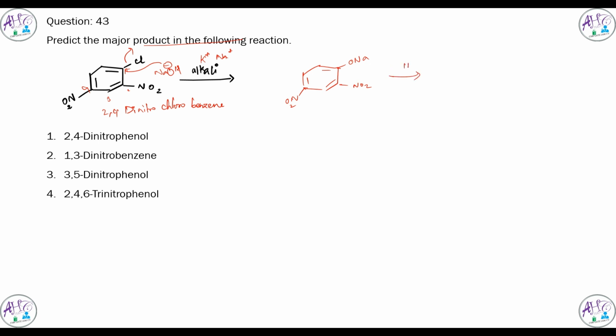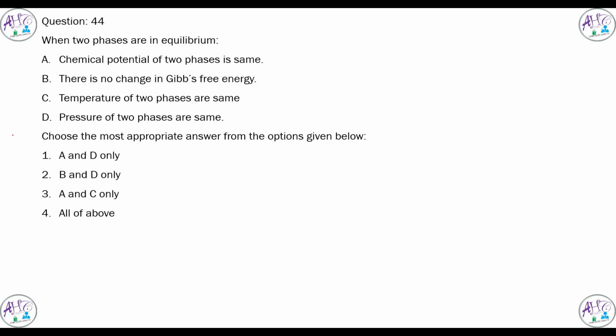On further hydrolysis, this is converted to an alcohol. So this is the final structure. You can see that the structure is 2,4 dinitrophenol. This is your famous reaction. So option 1 is the correct answer.